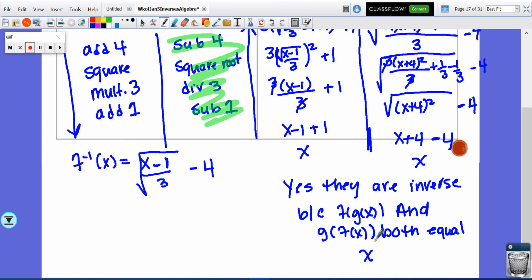All right, and we know they're inverses because we just proved it, because they both equal x.